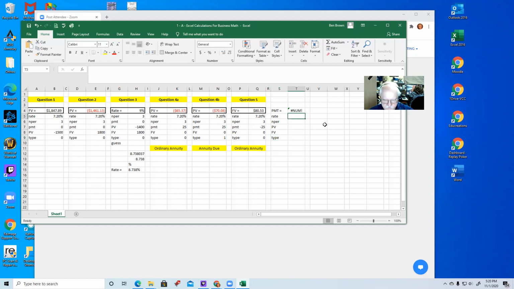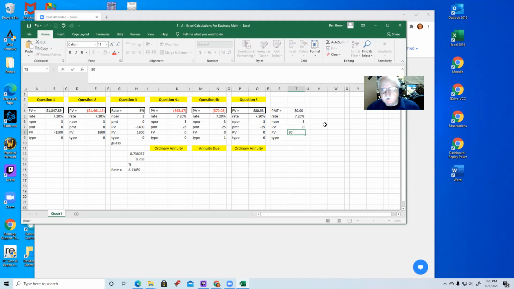So let's fill in something we know here. We know the rate is 7.2%. The number of periods we know is 3. The present value, we have nothing. In other words, there's no money in this account before we start. And the future value is 80.